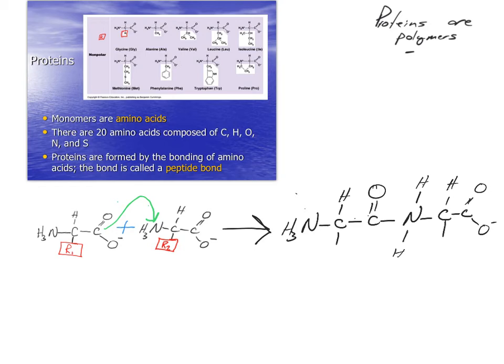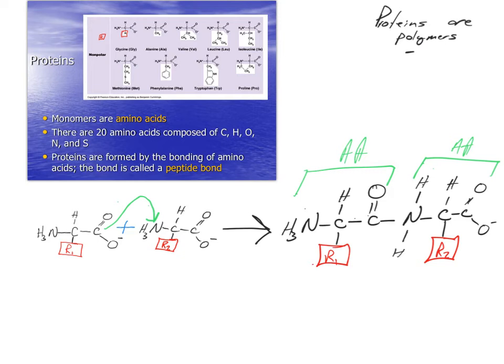And then you have your R group, right? So here you have your R1. Here you have your R2. Do you see that this is 2 amino acids put together? So we can see that this is R1, this is 1 amino acid, and then this is another amino acid, and they're put together.